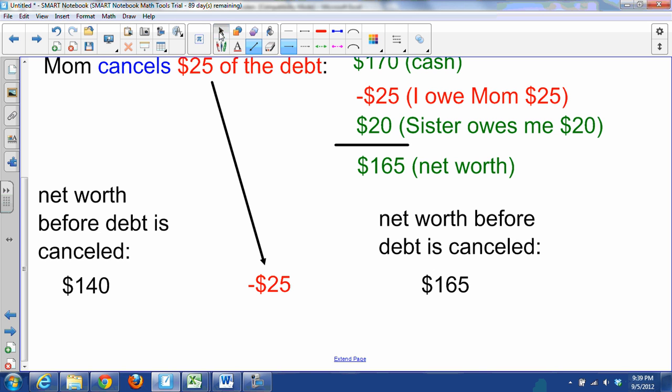So the question is, how do we represent the cancellation of that debt? This debt has been taken away. This debt has been literally taken away. I'm going to use blue. And canceling is taking away that debt.